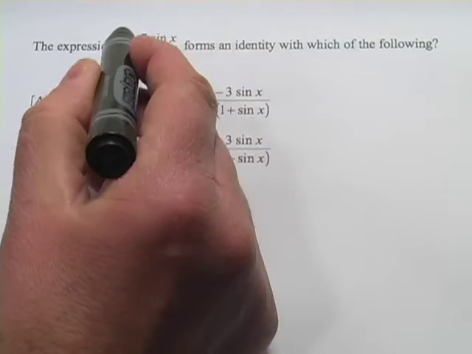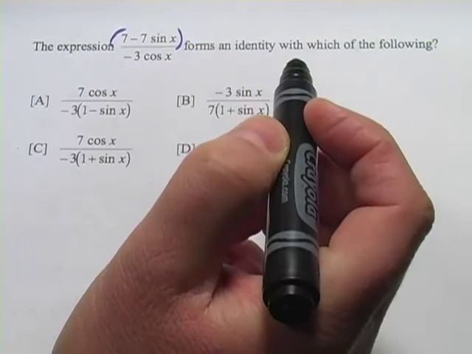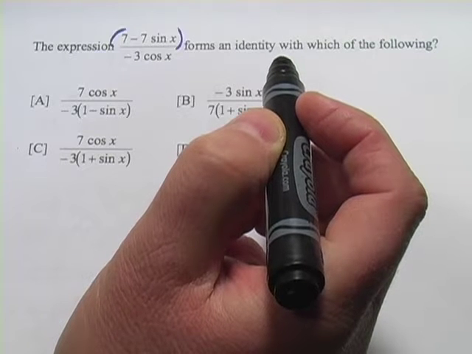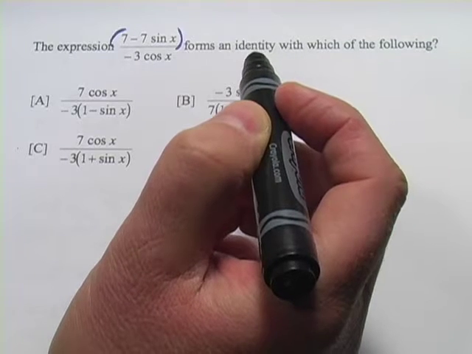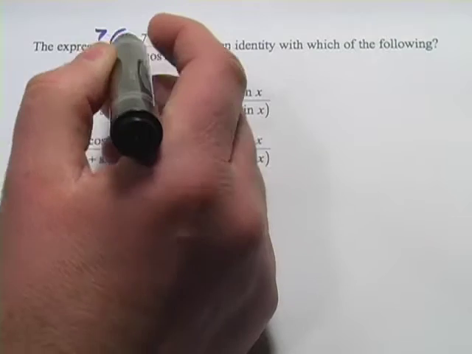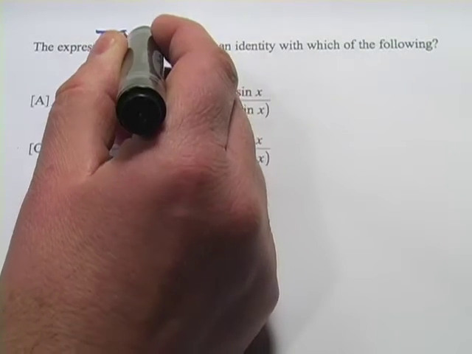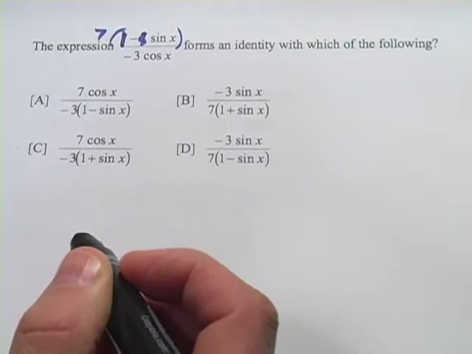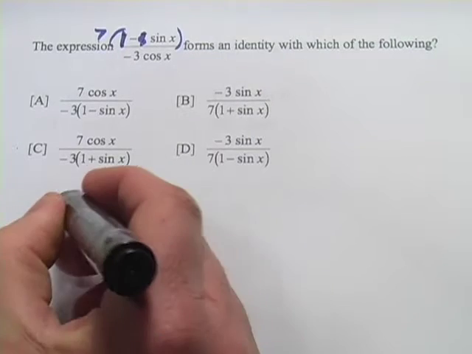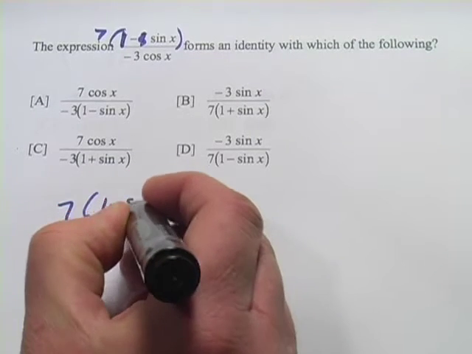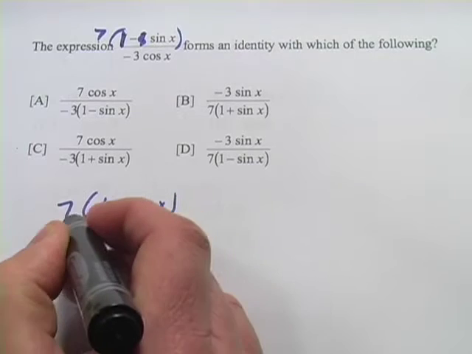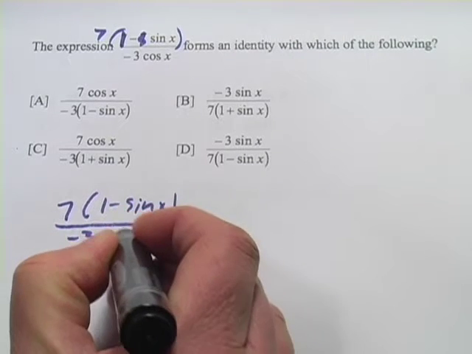So I think what I would do at the top here is factor out a 7. If I do that, I would get 1 minus the sine x. That's something a little bit easier to deal with. So I'm going to do that for 7 times 1 minus sine x, and then that's over negative 3 times the cosine of x.